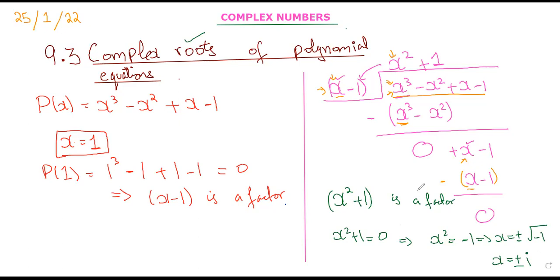Now the new thing which I would like to tell you before going to the next example is that you can have real roots, you can have complex roots. Like this was a real root, and then these are your complex roots. You will always get complex roots as a pair. Let's say if x equals i is your complex root, you'll get the conjugate of this as another complex root, right?